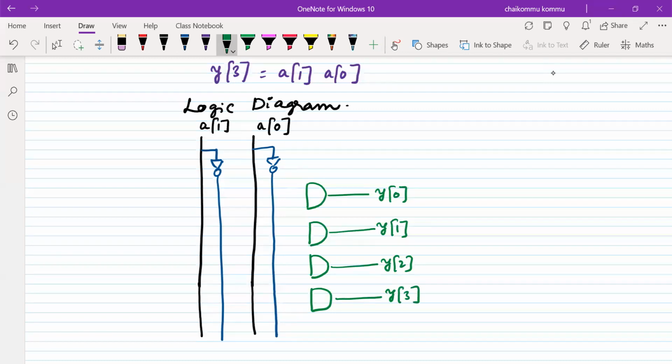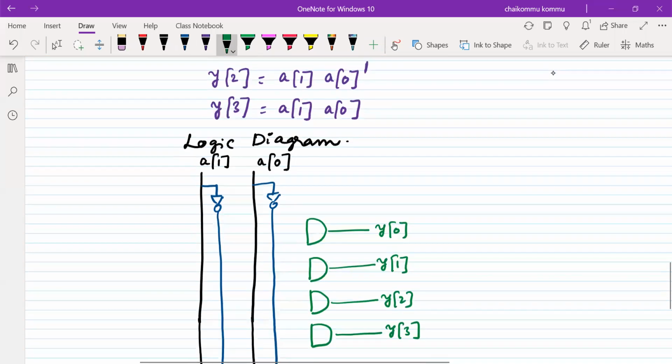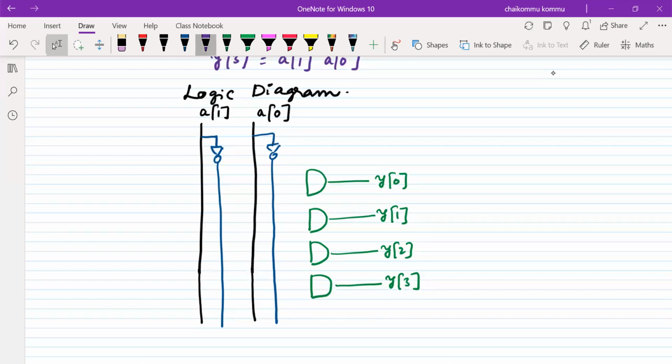Now for y0, what is required? The complement of a1 and a0 is required. So I'll consider it this way: this signal and this signal are required. Similarly for this one, 0 is required for this, but 1 is required from A0.